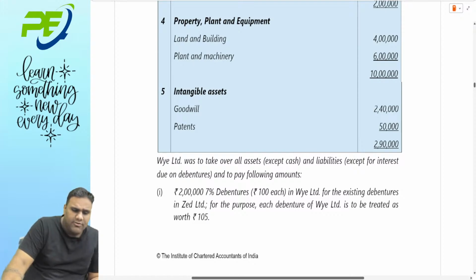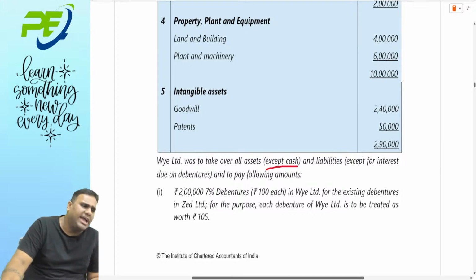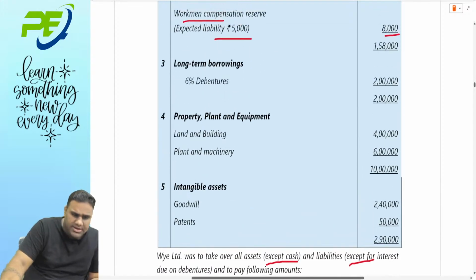Y Limited was to take over all assets except cash, and all liabilities except interest on debenture, and to pay the following amount. Rupees 2 lakh 7% debenture in Y Limited for the existing debenture in Z Limited.